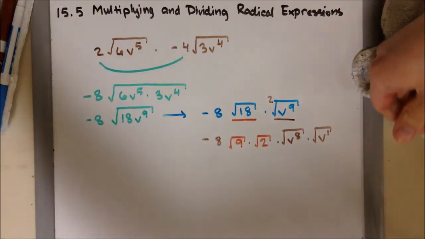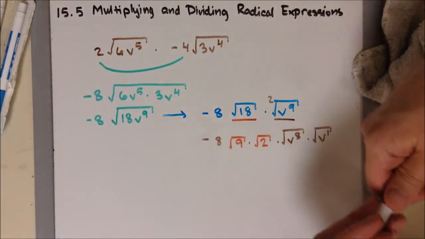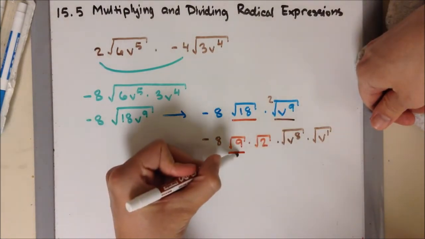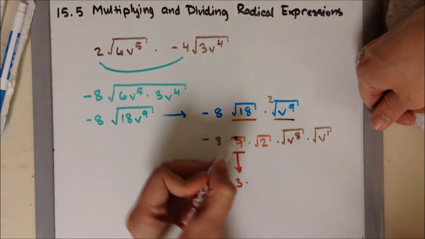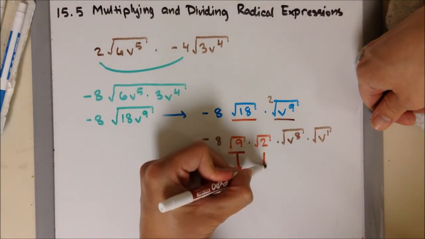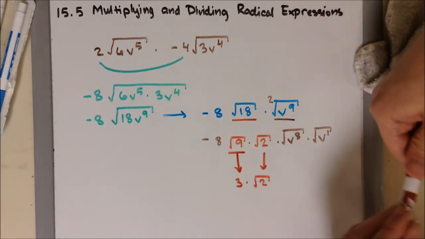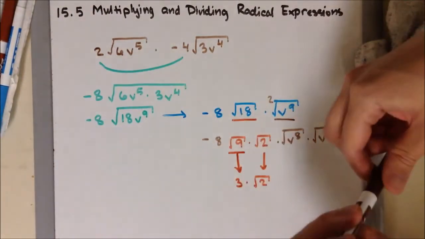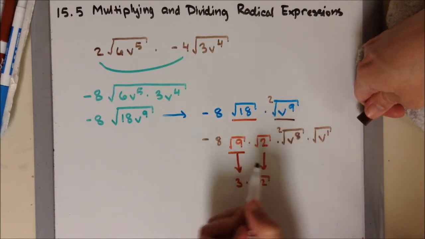Alright, so from this point, let's go back to the numbers. You can do the square root of 9, which will be 3. And then I'm going to bring down the square root of 2 because you can't simplify nor do the square root of it. Now for the v's, again, with that square root, you have that invisible 2.